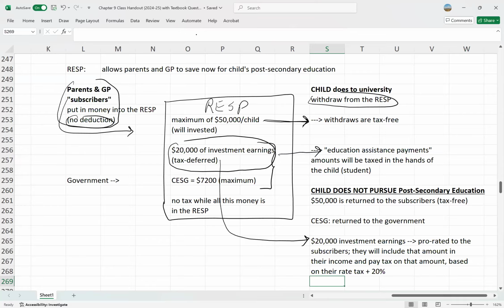So that's why there's this additional 20% tax added on top of their own tax rate, because it was sitting in the RESP all these years without any tax paid. Once again, just understand at a high level about RESPs, because there are quite detailed rules that the textbook does go into. Any questions about the RESP discussion?